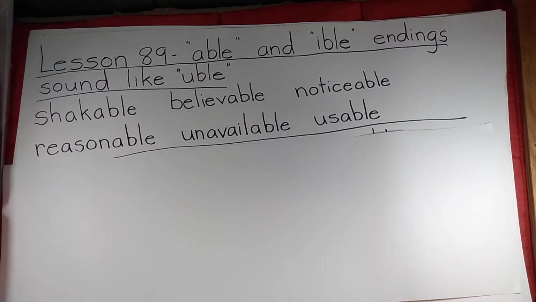So teachers, have students read these to you, and if you've not given them a spelling test, pick out a couple of them and see how they do. Press pause.